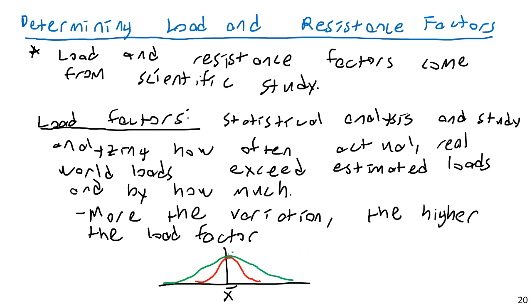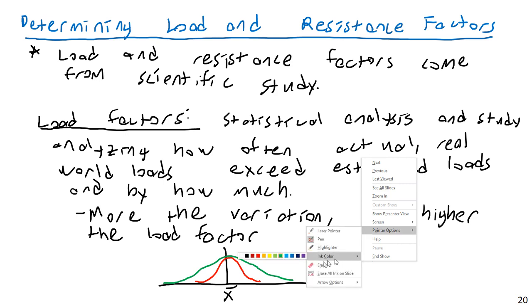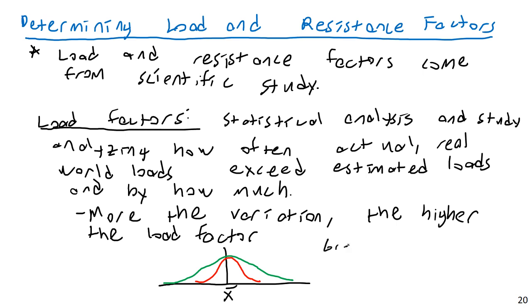So both of these loads have the same average expected value. However, green is more variable. It has more spread. They have the same average value, but green is more varied. It has a higher standard deviation and variance. Green is more unpredictable.